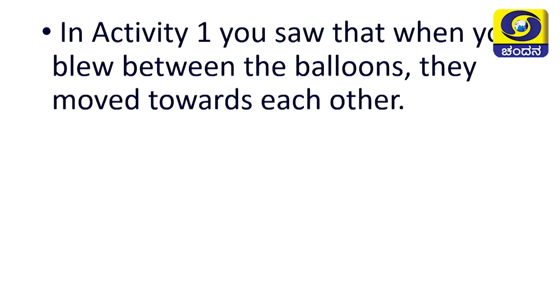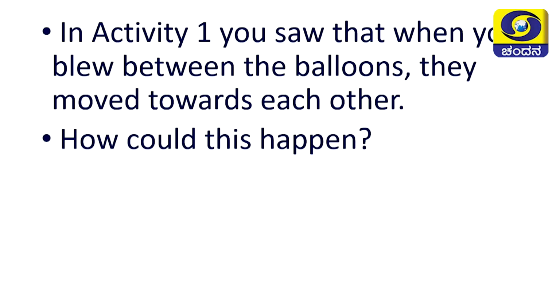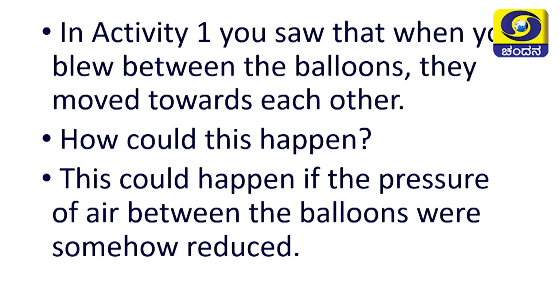You saw that when you blew between the balloons, they moved towards each other, isn't it? How could this happen? This could happen if the pressure of air between the balloons were somehow reduced.